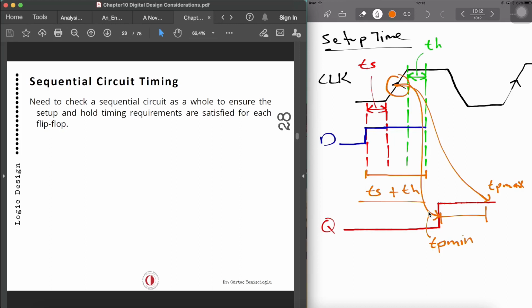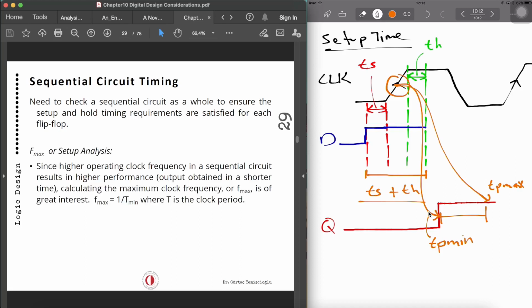These are really important if you are using clocked circuitry. This is what we are going to see now: how we can analyze these sequential circuit timings and find out if we are reaching the certain point at the right time or not, and if we are violating these setup and hold times.